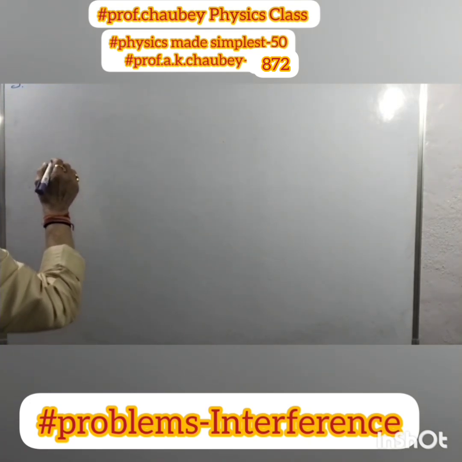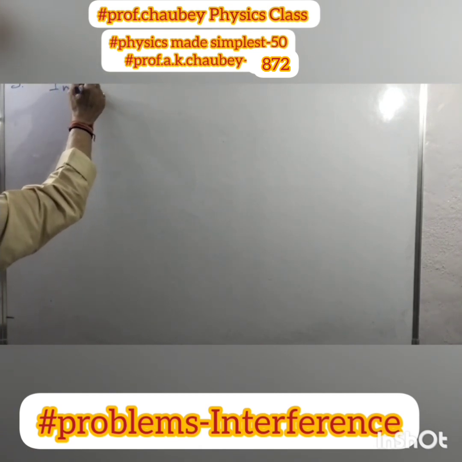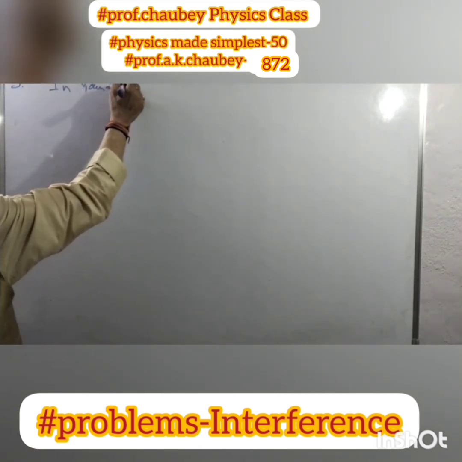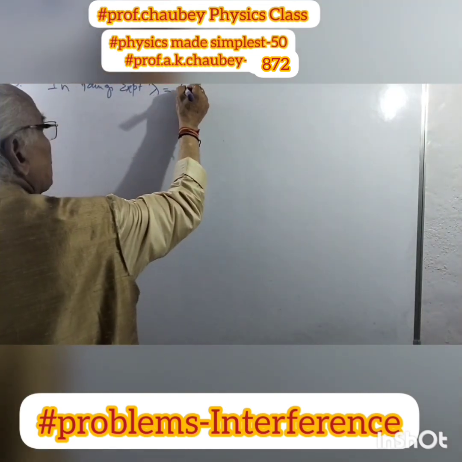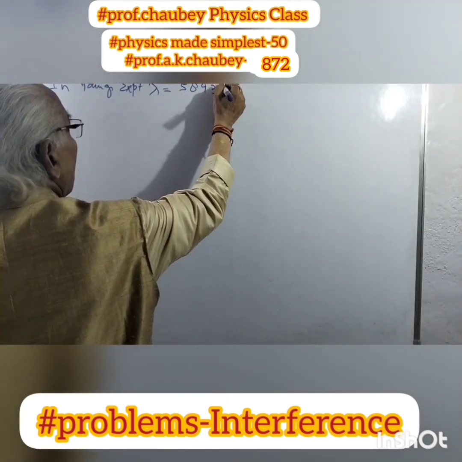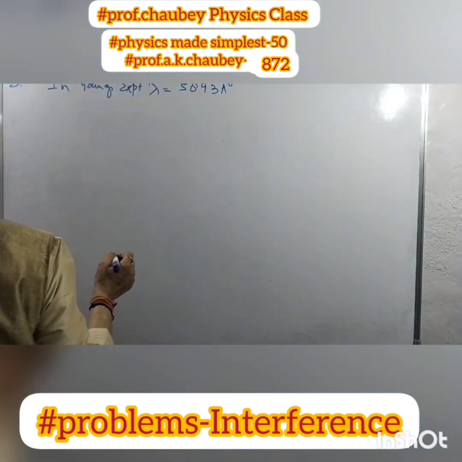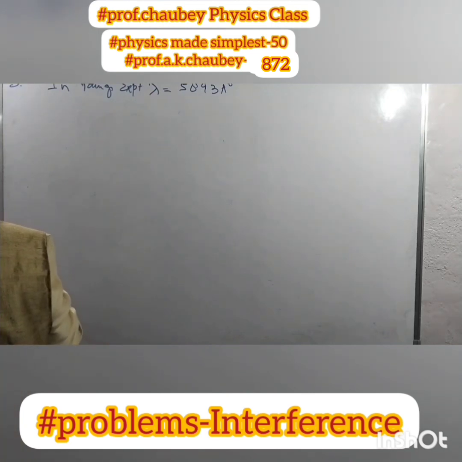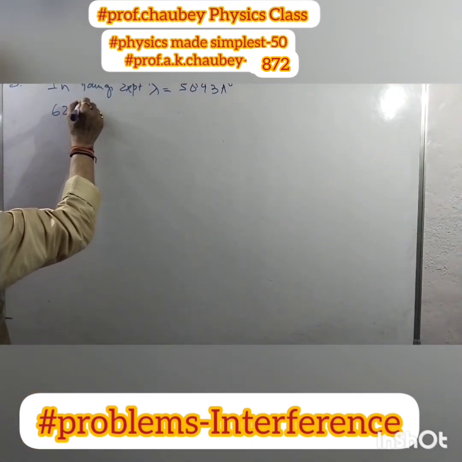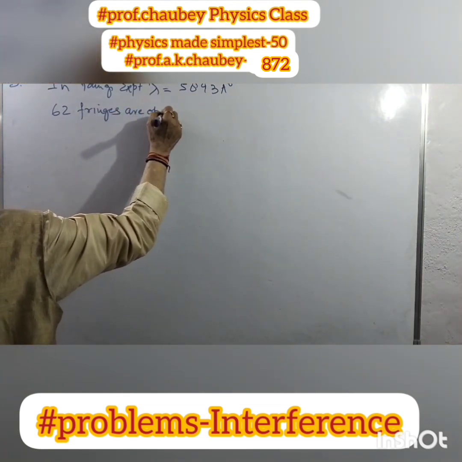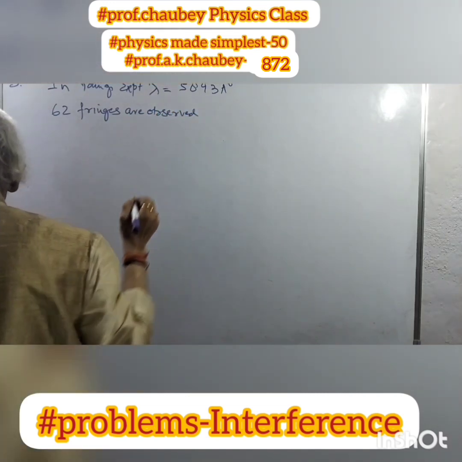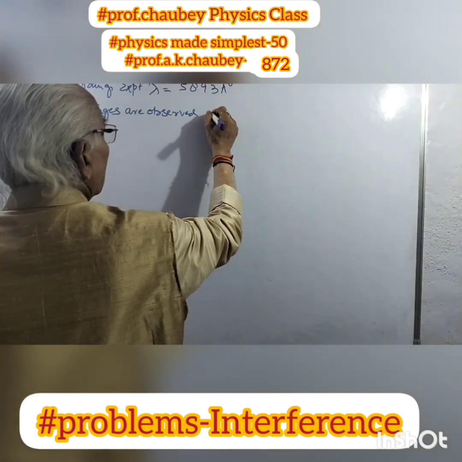Problem 3 is: in Young's experiment, lambda is equal to 5893 angstrom, and 62 fringes are observed in the field of view.